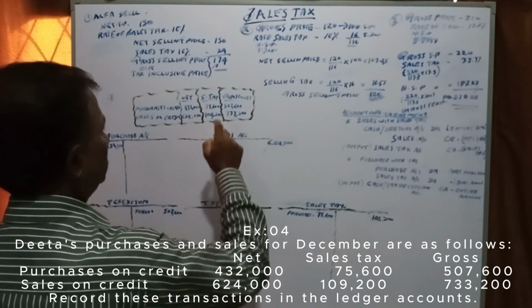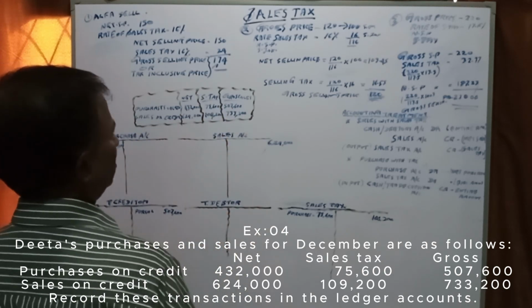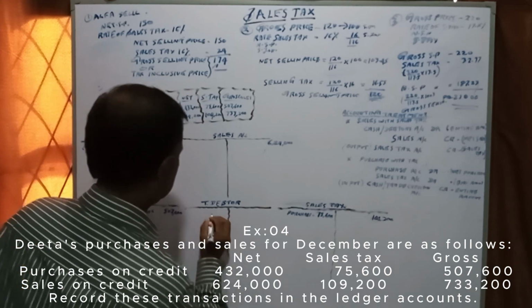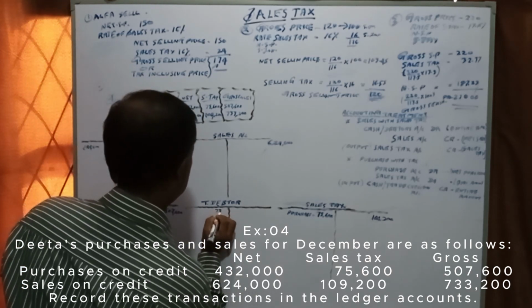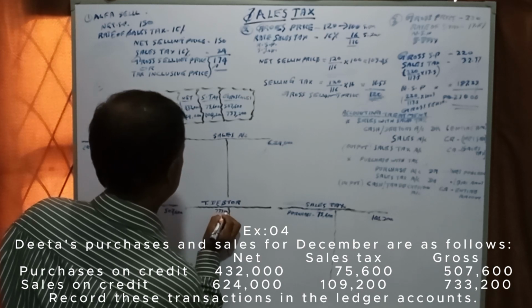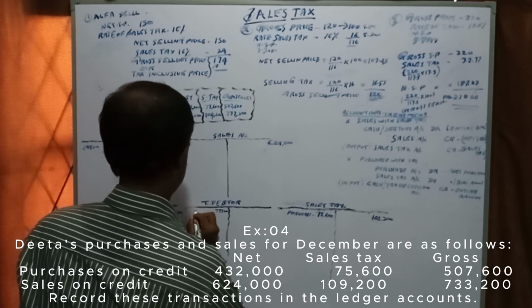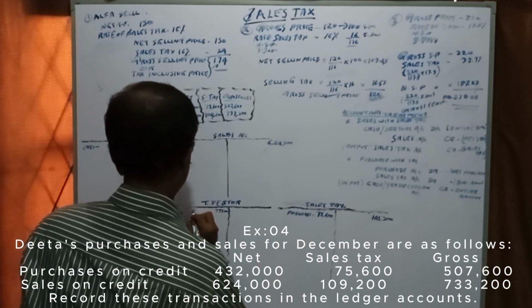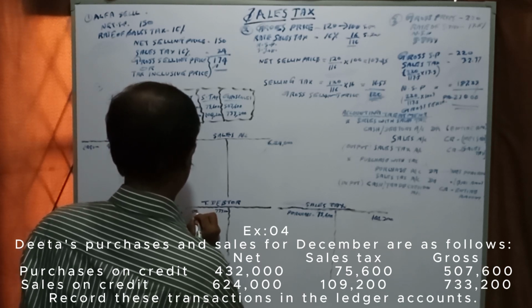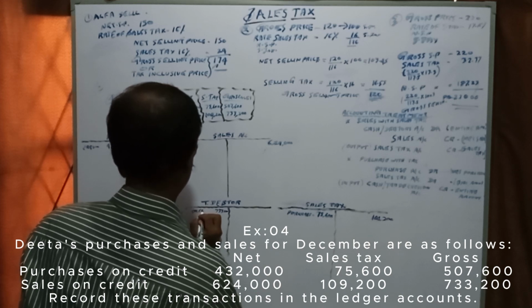Then the gross amount goes to the debtors account, debit 733,200. That is sales and tax.